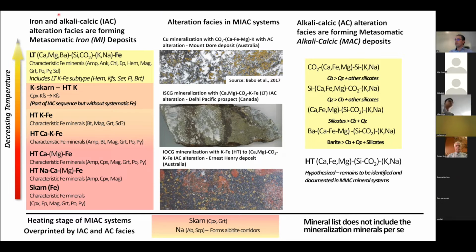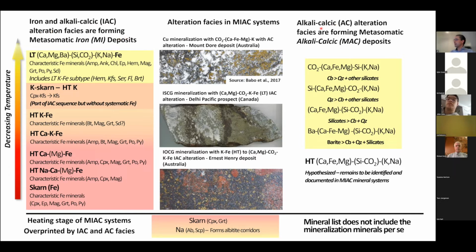In terms of terminology, the ones that have high iron, we can label them iron and alkali calcic alteration facies. And then in order to group deposits, this is also important because we can group deposits based on that commonality, which is a systematic association between iron enrichment and the deposition of metal. So these iron and alkali calcic alteration facies can be forming metasomatic iron type deposits.